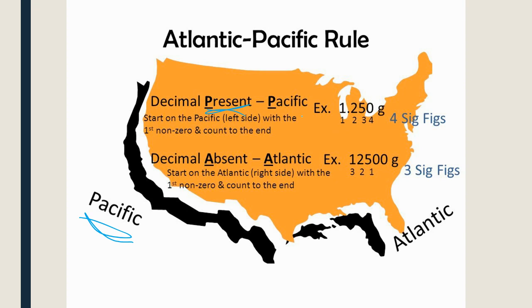This 0 is significant because it comes after a non-zero digit as we're heading in that direction. If there's a decimal absent, you start at the Atlantic, come from this direction, okay? And again, I probably should have changed my pen color, so I'll turn that red. That's basically what I was saying.